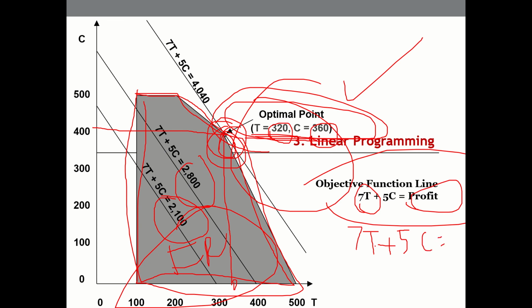So how do you maximize this? Let's say, for example, if we put 5 into 400 chairs plus 7 into 300 chairs.